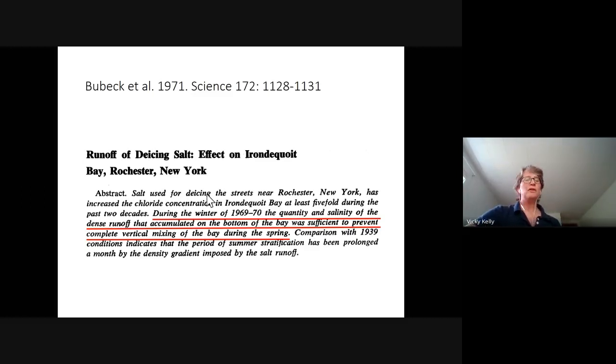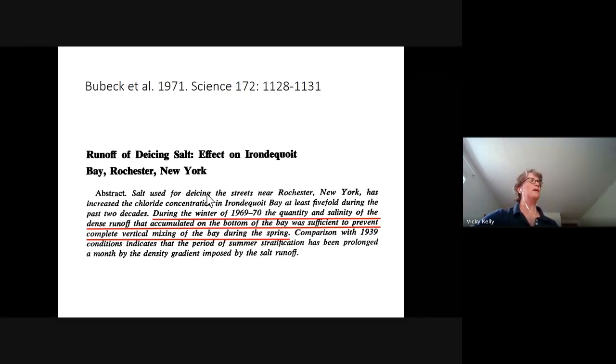So it was in the late 60s, early 70s that it was discovered in our fresh water. This is a paper from the journal Science. For those of you who are new to science, this journal is a very prestigious journal. In order to get something published in it, it has to be a pretty important issue.